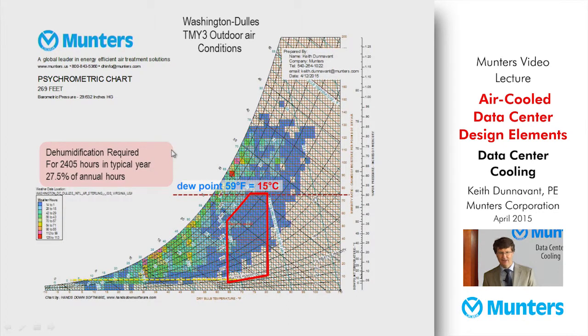So a lot of hours where the moisture content of the outside air is too high to be introduced to the data hall. You would not use this air for an air-cooled, direct air side economizer condition. You would not want to introduce this because you would be exceeding the humidity levels or dew point levels in your data hall.